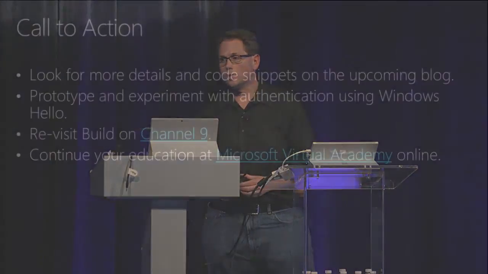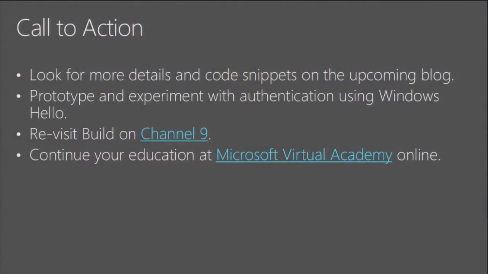In the meantime, it is a great idea to go out and experiment with it. So what we're doing is coming up later this week, we're going to have a blog post come out on Fido. It's going to include a deeper set of code samples. We also are planning on putting up a polyfill so that you can go from the MS credentialed API to the WebAuth standard API.